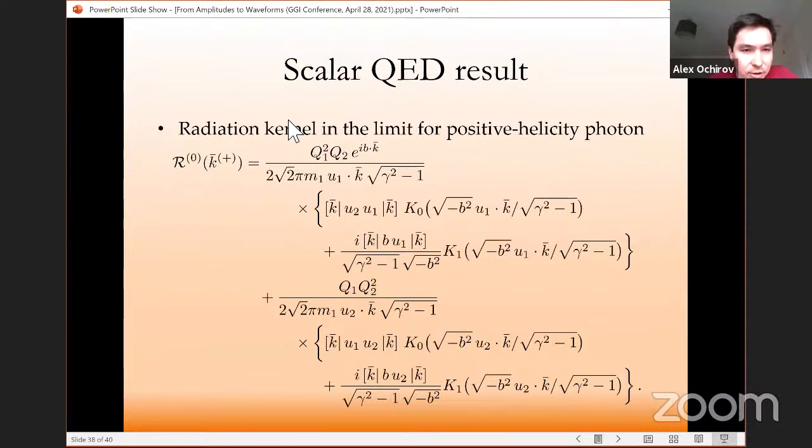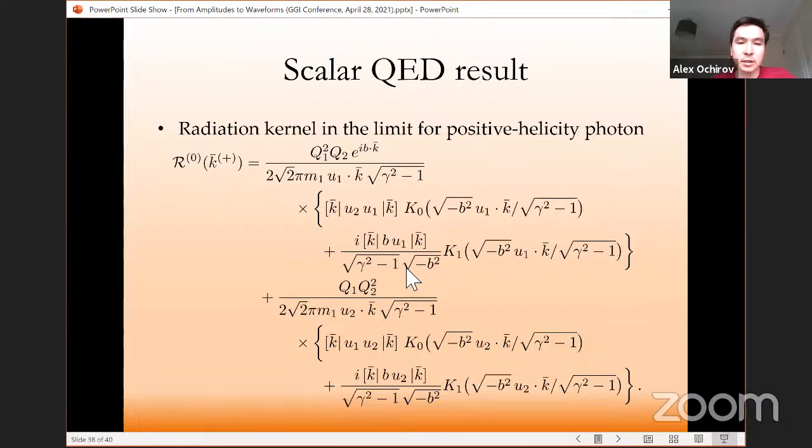Right, yeah. So the first thing is, is there a typo in the second term? Because the second term looks almost exactly like the first, with 1 going to 2, except for the mass. It's possible. A more interesting question is, do you have any hope that the bound state analog of this could be obtained by some analytic continuation?